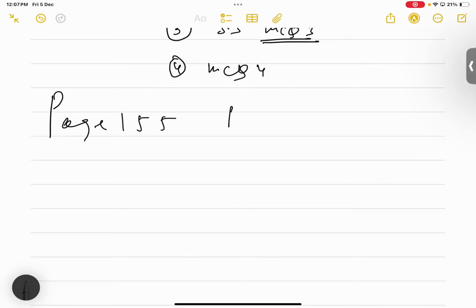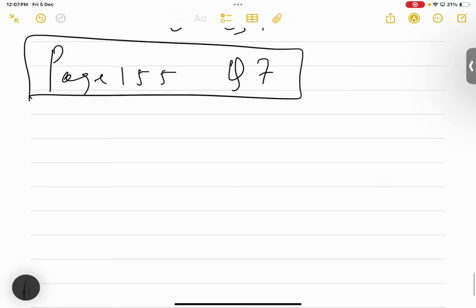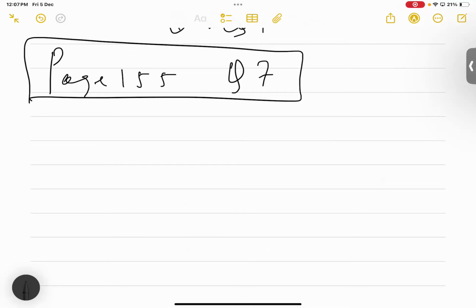Page 155, question number 7. Okay. Yeah, it's a very complicated problem in a way. So be very focused. Find the probability of the number of successes in two tosses of a die. So n is equal to two tosses. Okay.